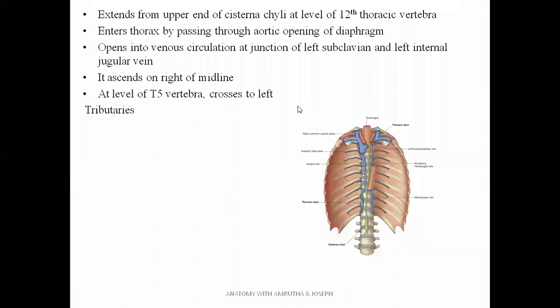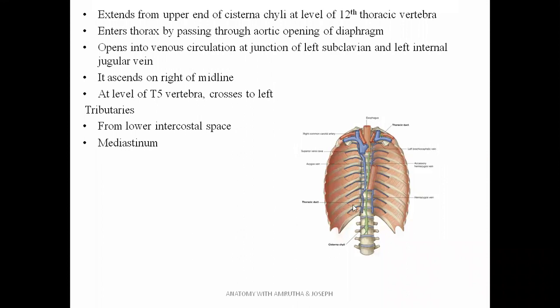The tributaries of the thoracic duct, or the areas drained into the thoracic duct, are the lower intercostal spaces and the mediastinal area. Mediastinum is the area between the two lungs. Intercostal spaces are the spaces between the ribs.